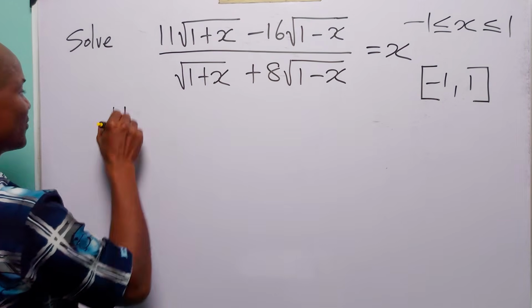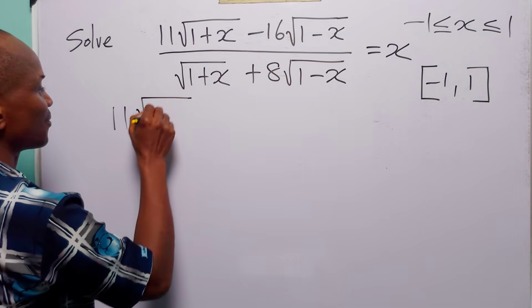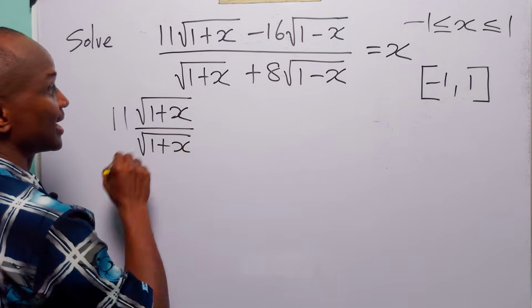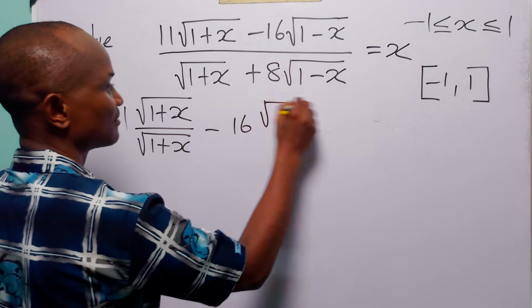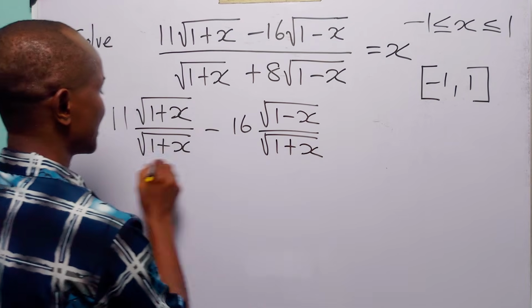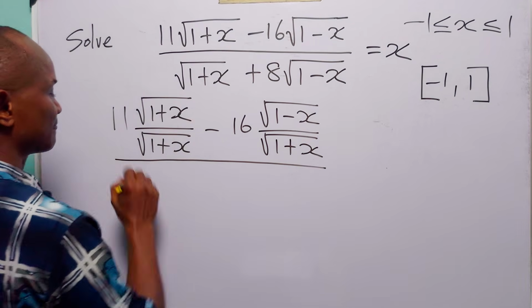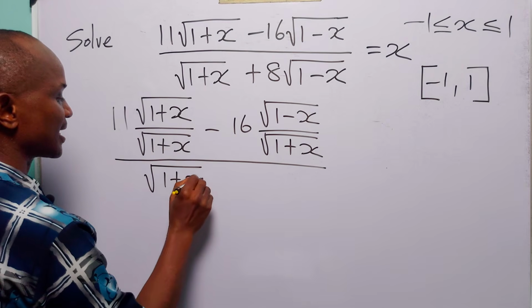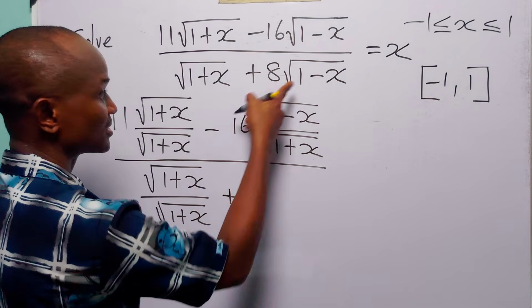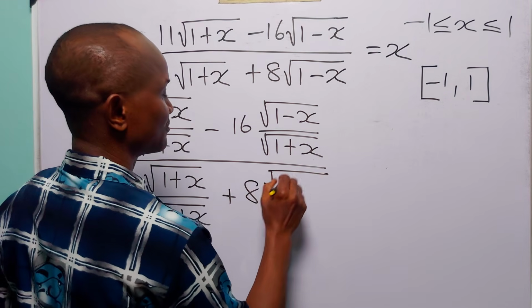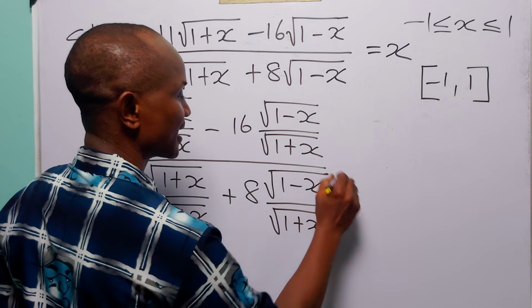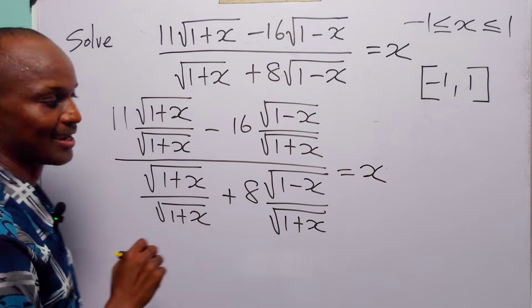So when we do that, we have 11 times root 1 plus x over root 1 plus x minus 16 times root 1 minus x over root 1 plus x, divided by root 1 plus x over root 1 plus x plus 8 times root 1 minus x over root 1 plus x, is equal to x.